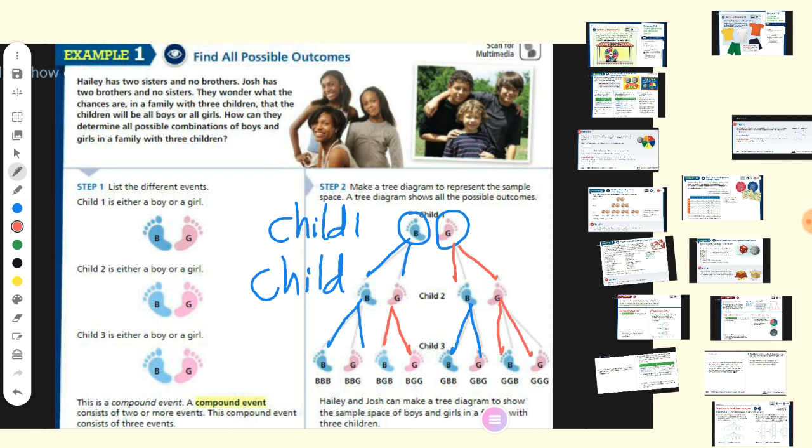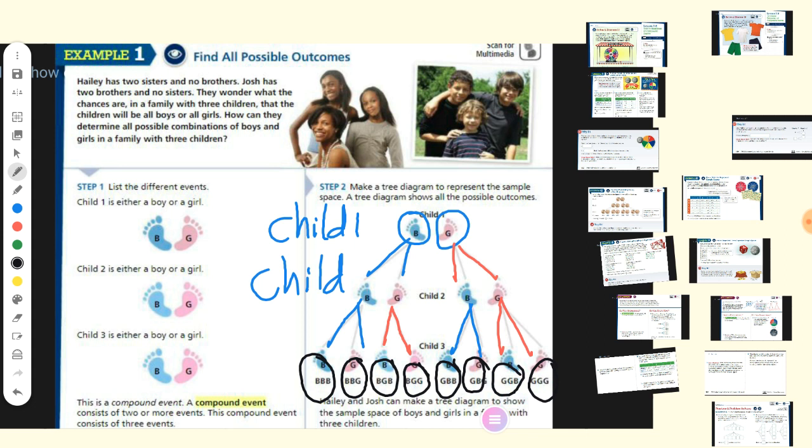What is the last result? The last result, 3 children: maybe 3 boys, boy, boy, boy. 2 boys and 1 girl. Boy and 2 girls. And it may be 3 girls. So the chance of getting 3 girls or 3 boys is the least, because it's only 1 over 8.